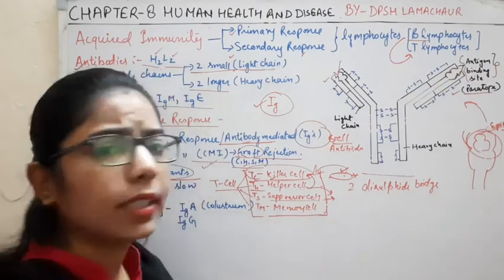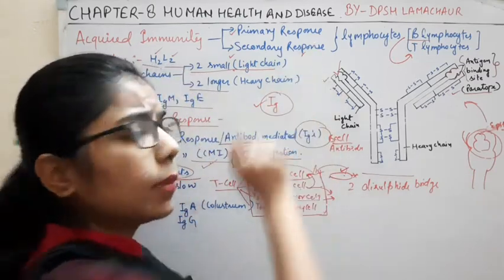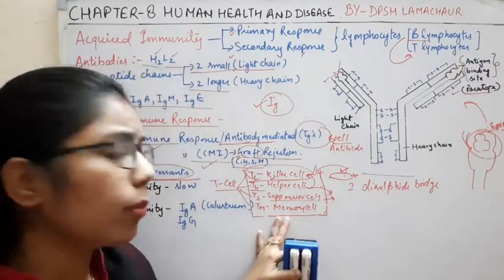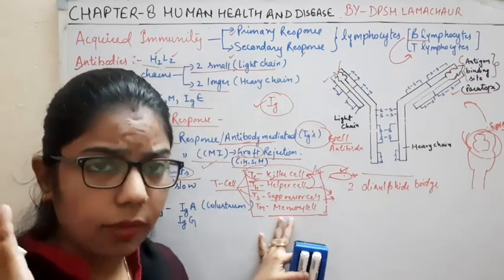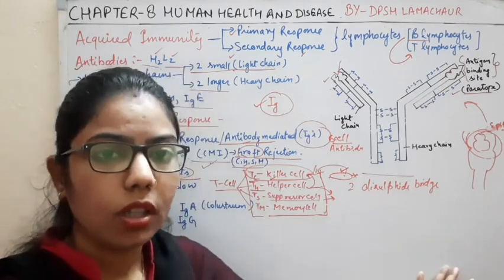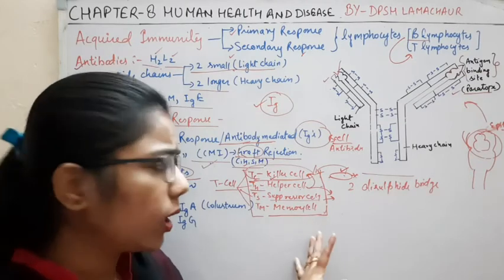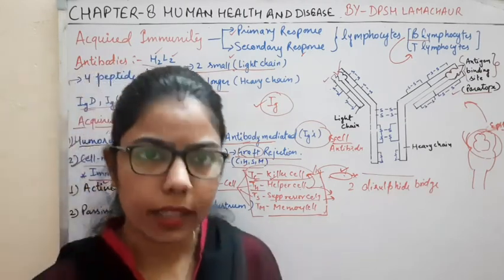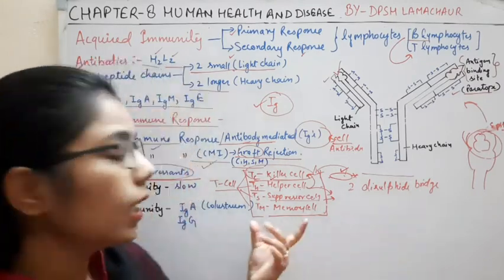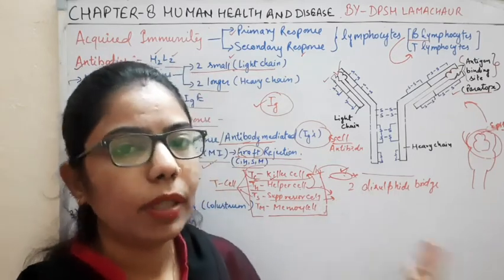Now the role of the memory cell. What is the role of the memory cell? As I have said, the first time any pathogen enters the body, these memory cells will have a particular memory for that particular pathogen. If in the subsequent time it attacks any body, these memory cells will become activated and recognize that this is that pathogen, and we have to make such antibodies or cells against that pathogen, right?